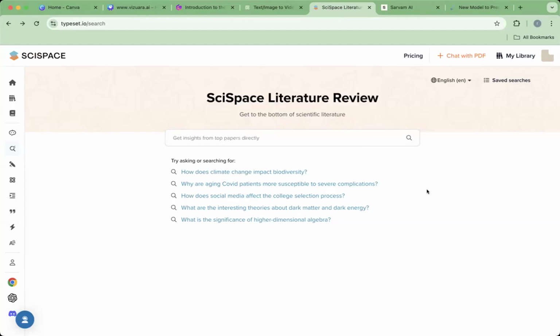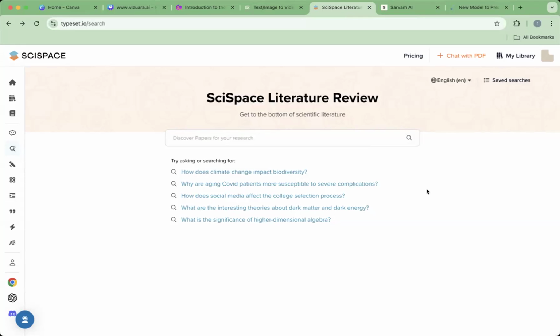This is an example of an application called SciSpace. Typically, what used to happen previously with PhD research scholars is that they would go to Google Scholar, type in the name of the field they want to do research in, read the papers, and form a connection in their mind of how the papers are connected to each other. So literature review was a tedious process.